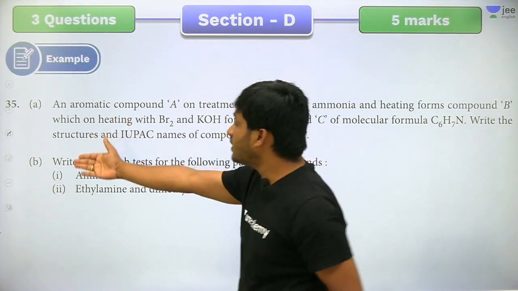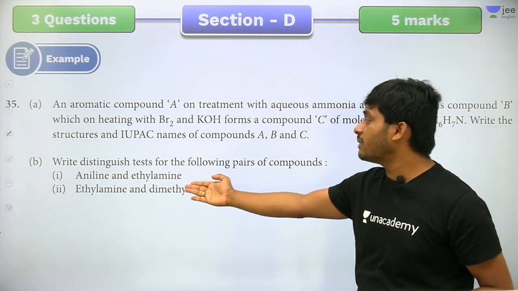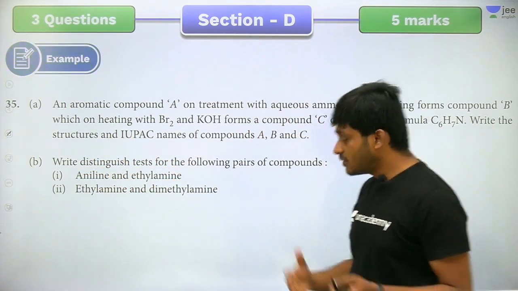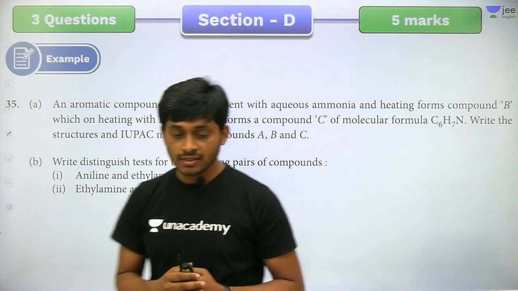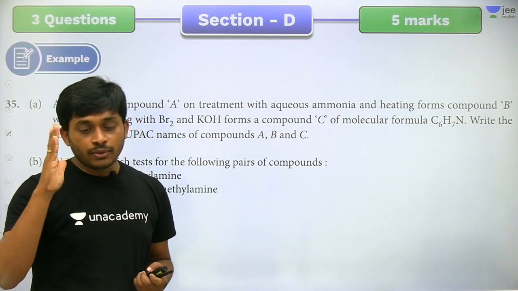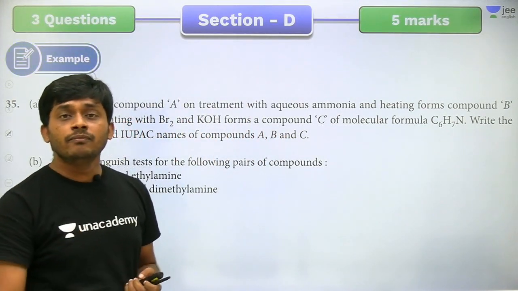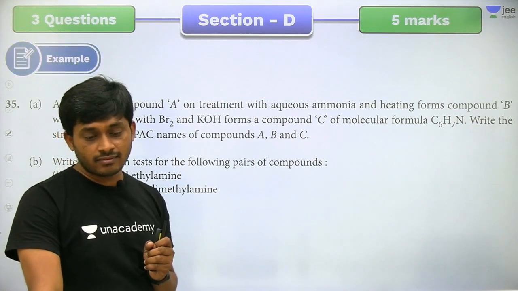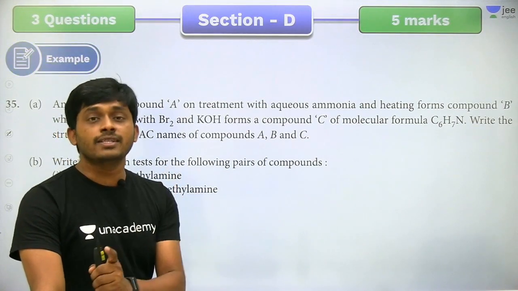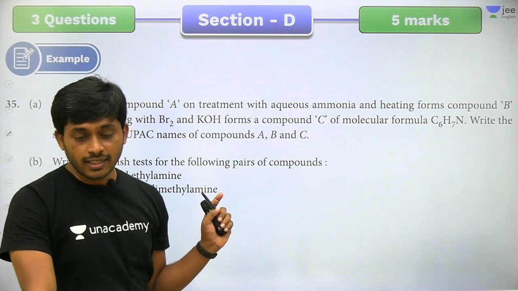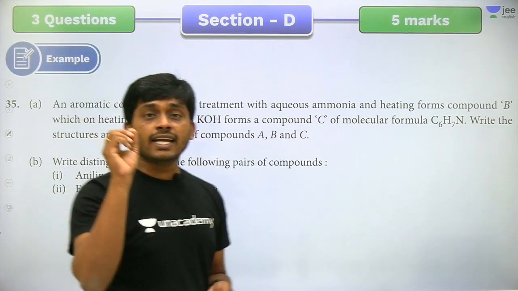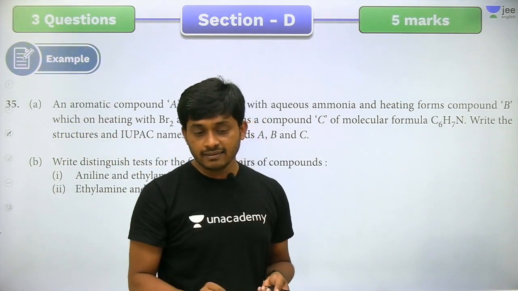In B also they have given C here, aniline and ethylamine and methylamine, so different questions. So definitely you can spend a maximum of 45 minutes. You have to write each and every reaction very clearly.